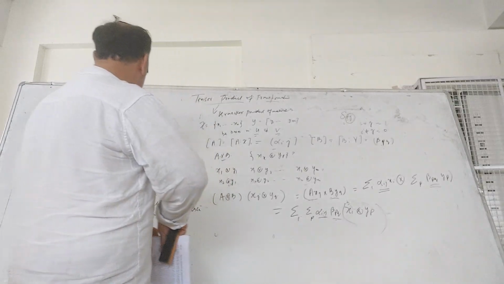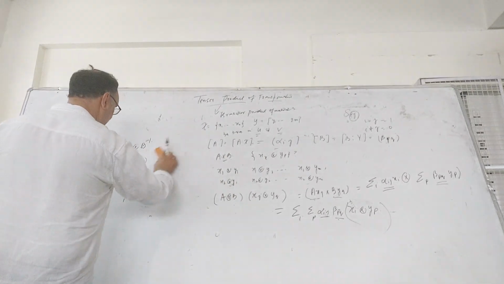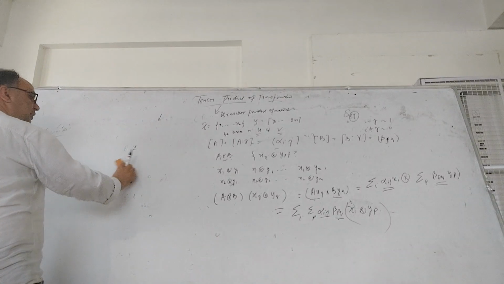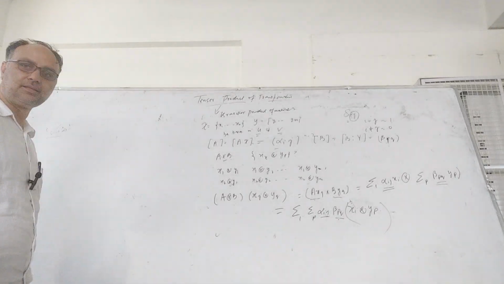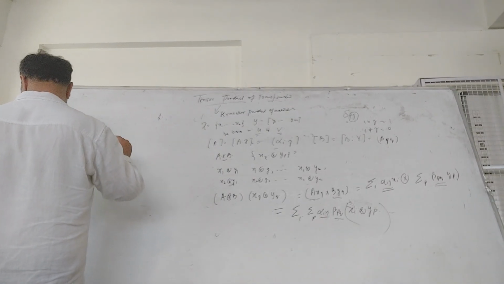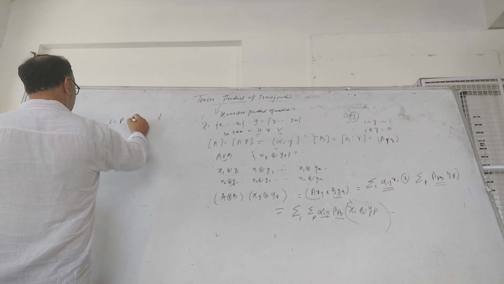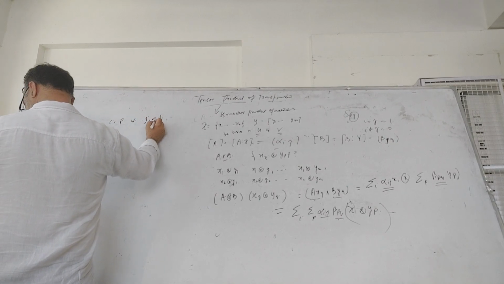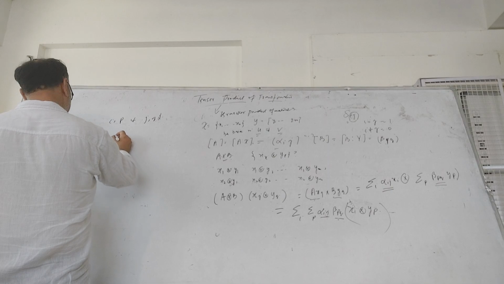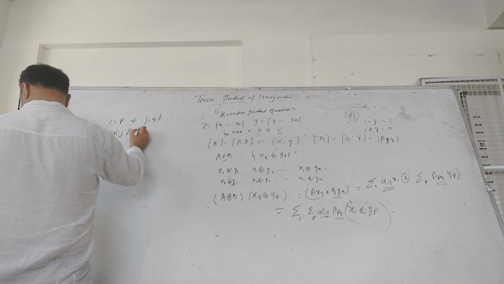Otherwise, in the general sense, the matrix can be written in the form, for example, for the pairs i p and j q, as alpha ip, beta pq.